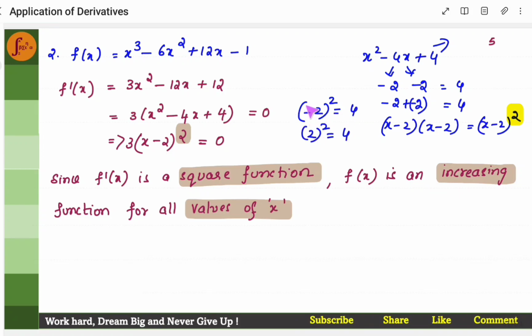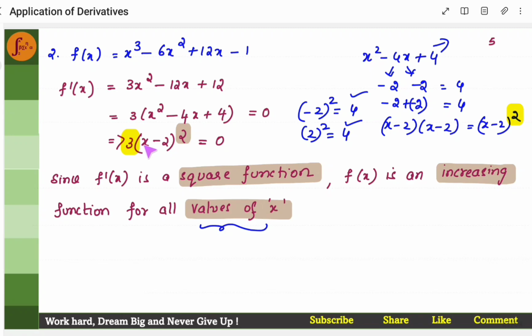So whatever you have within the square will always give a positive value, which means it's going to be greater than 0. And let's not forget, you need to always look at the number outside. The number is also positive here, it's plus 3. So you're multiplying a positive number with a positive number, so this function value is going to become positive. Therefore it is increasing. We always say this for all values of x.